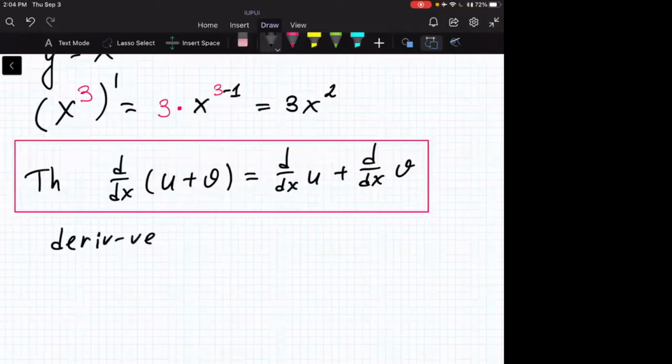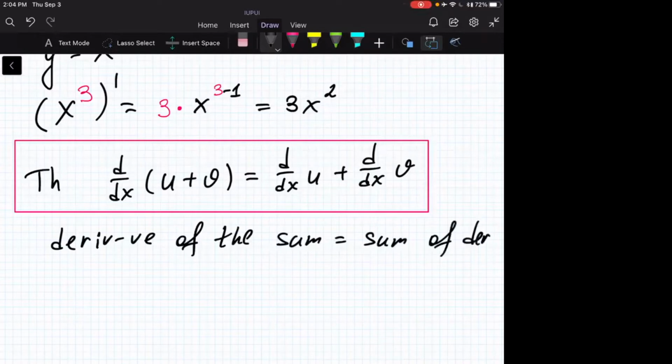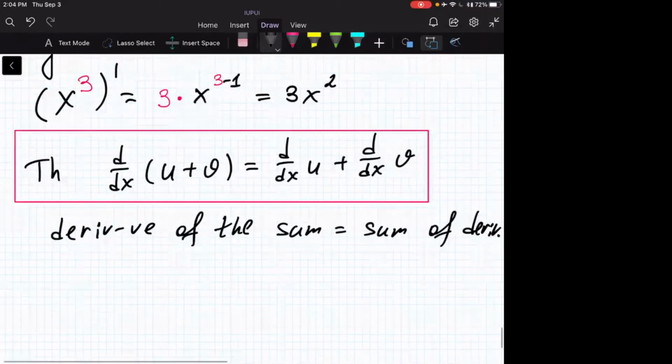So the derivative of the sum equals the sum of derivatives. That's how you can remember that. So let's prove it.